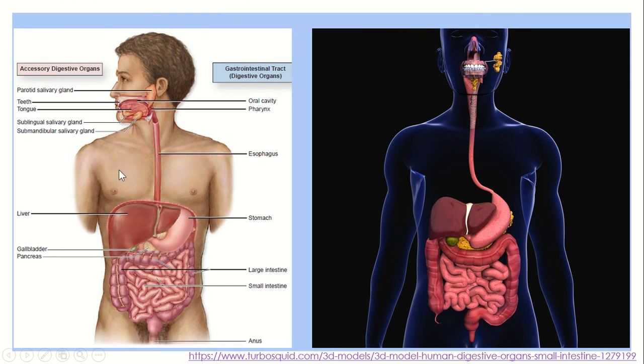This slide illustrates the anatomical structure of the GI tract organs and accessory organs. Here you see the oral cavity, the esophagus, then the stomach, small and large intestines, with the liver, pancreas, and salivary glands. Here also the very nice illustration.